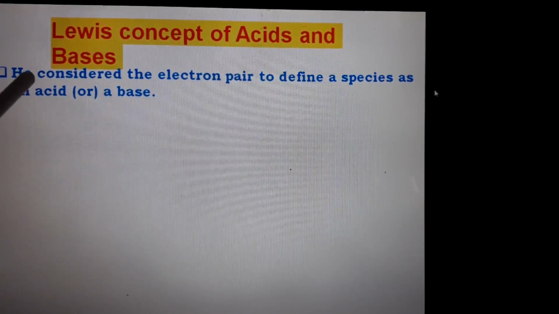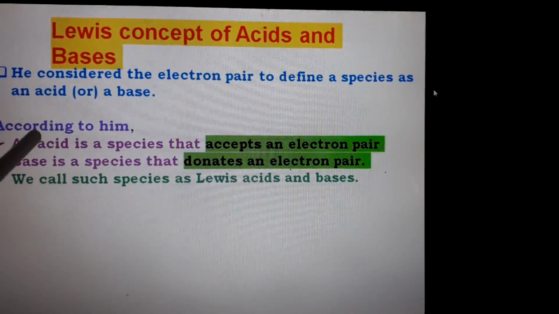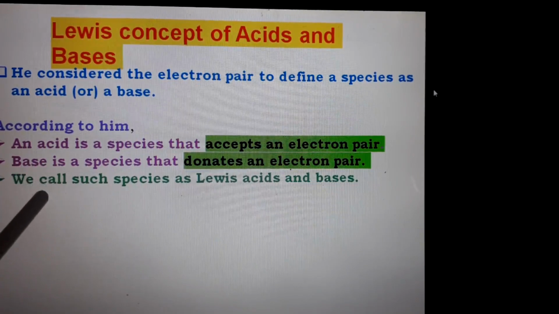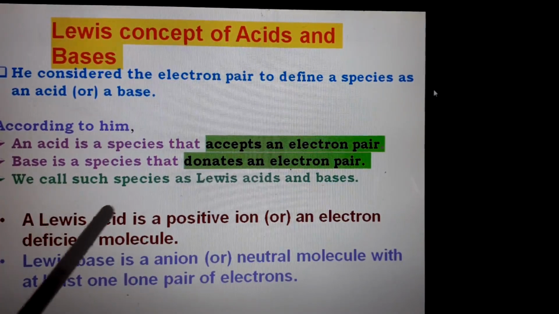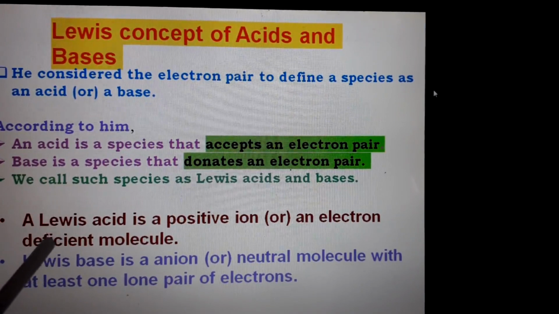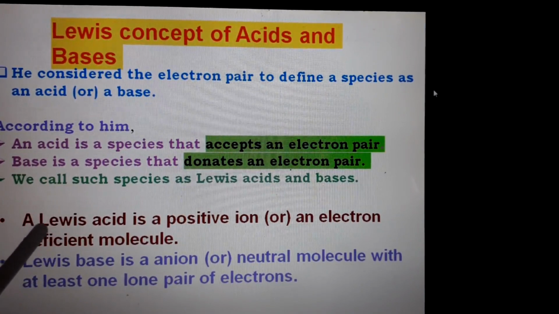In this concept, it is based on the pair of electrons. According to him, the acid accepts the electron pair, and the base donates the electron pair. This is a very, very important concept. Such species are called Lewis acids and Lewis bases. What is Lewis acid? Definition, very, very important 2 mark question.